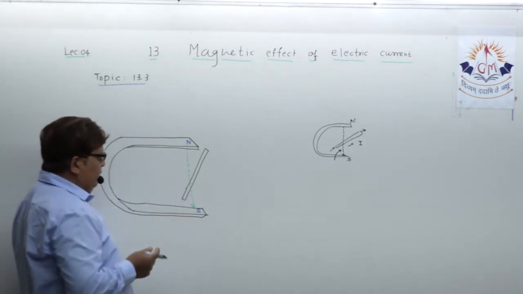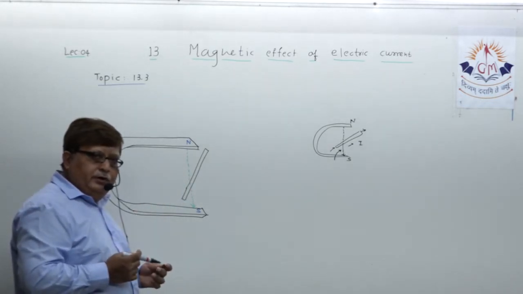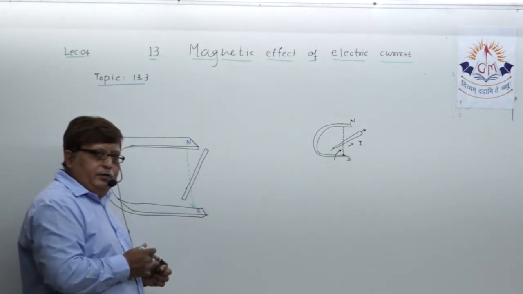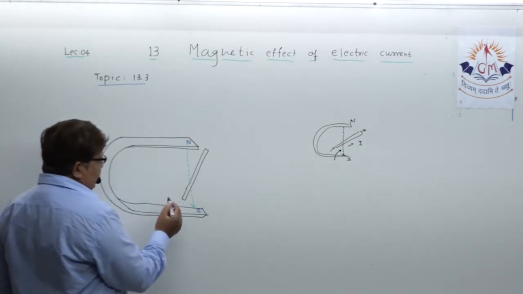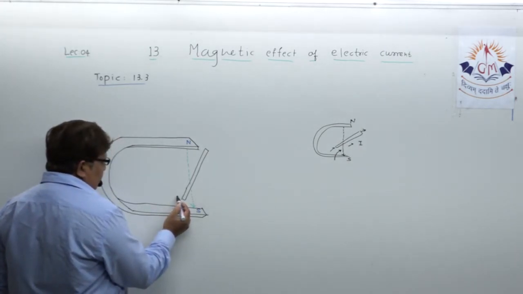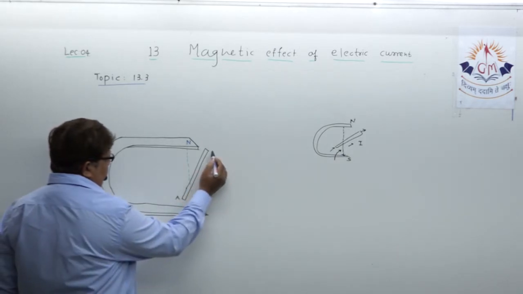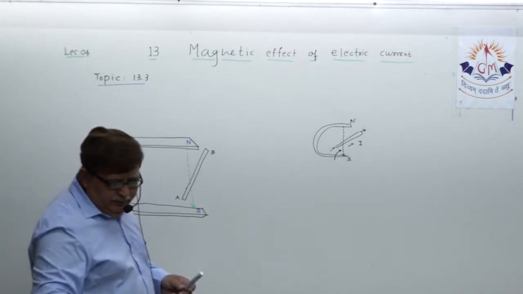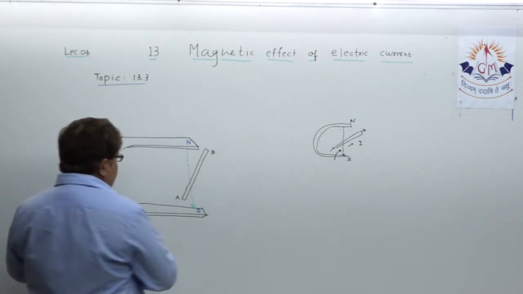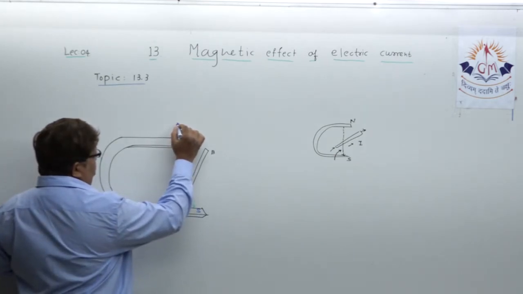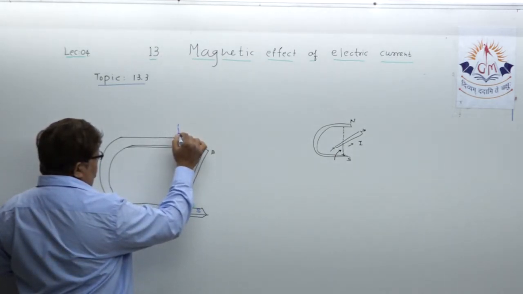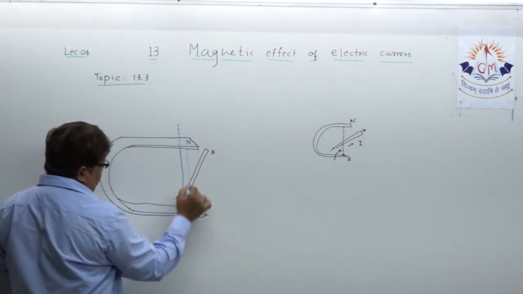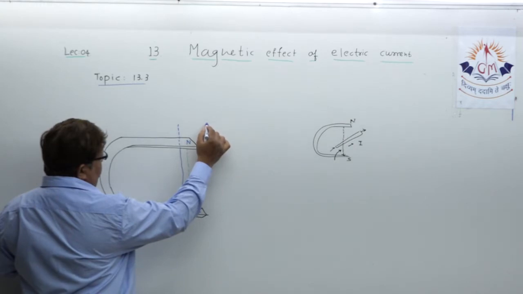Try to understand. We want this conductor to be flexible to move inside the magnetic field, and for that, suppose this is conductor AB. What we are going to do is suspend this conductor by tying both the ends with string. This is the string.